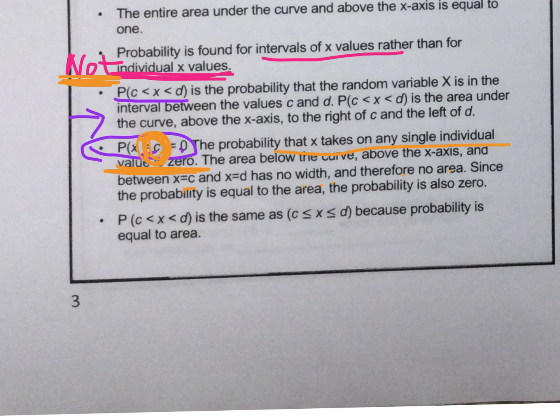That's when x equals C, just one number. This also is important. The probability that x is between C and D is the same as this, okay? Because we're talking about area.